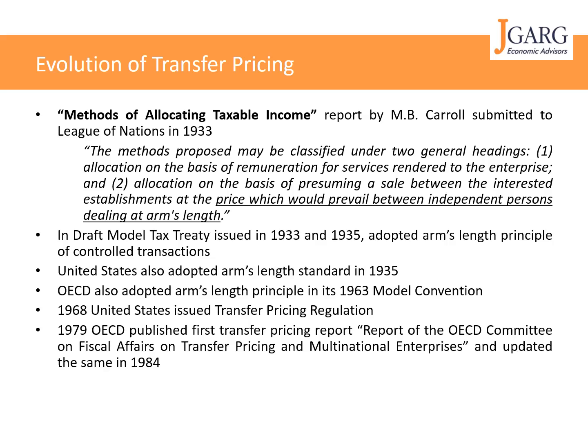And then came the detailed regulation on transfer pricing in 1968 in the United States, and in 1979 the OECD published its first transfer pricing report, that is the report of the OECD Committee on Fiscal Affairs on transfer pricing and multinational enterprises, and updated the same in 1984.